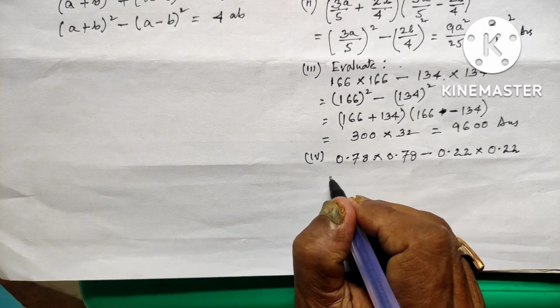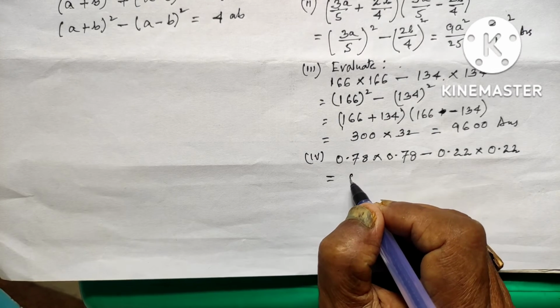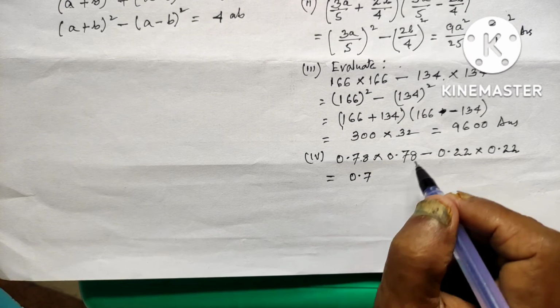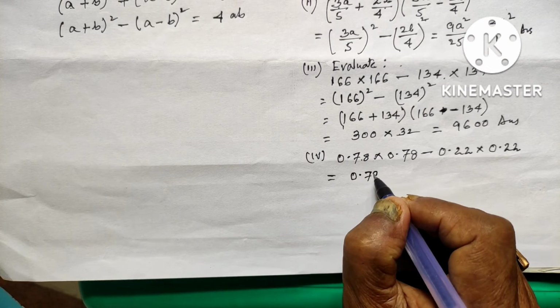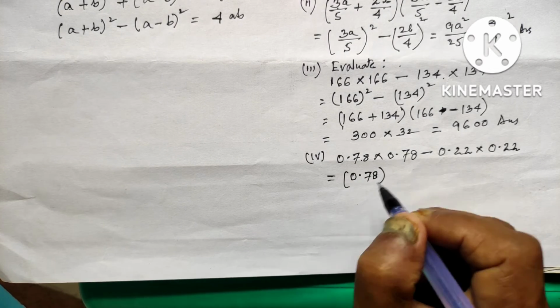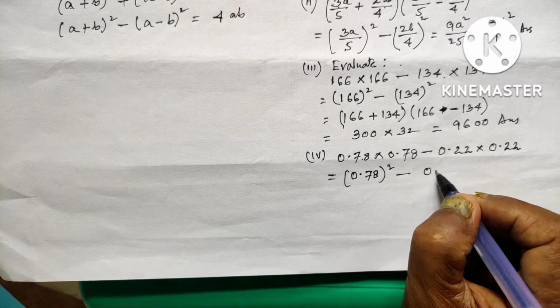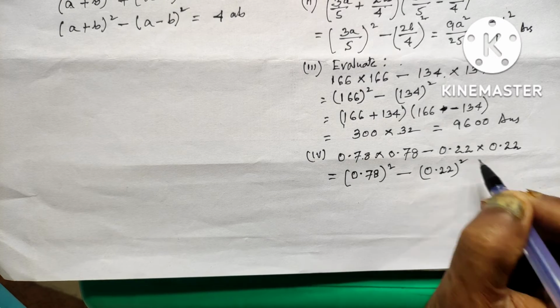So over here, when you do this one, you can easily do it as you have done the earlier sum. This is the first term, this is the second term, that is a and b. If you take it in that way, then this is the square of this, and this is the square of this one, that is the second one.